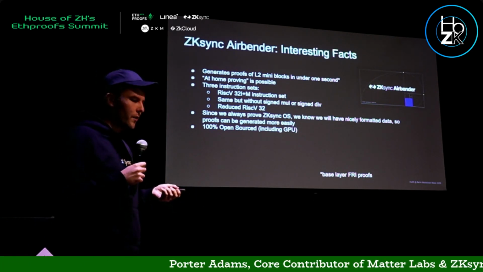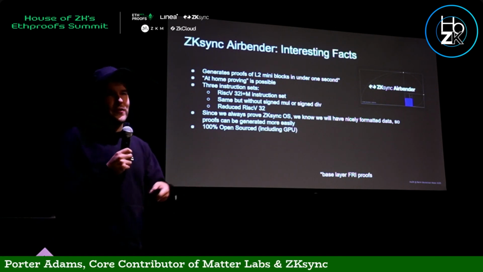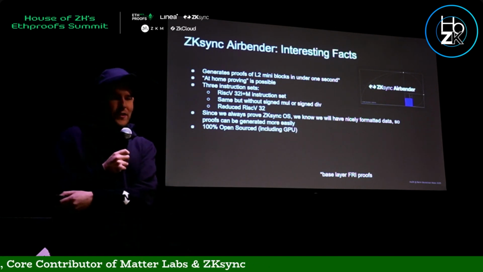So if you were to take Airbender and use it for an arbitrary RISC-V program that is just something else from the internet, you might have to be a little more careful with using a reduced instruction set. But if we know that we're proving ZKOS, all of this works very nicely.